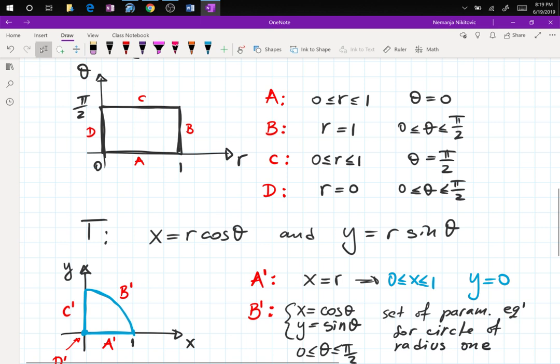Let's see if we can get a different transformation. We'll pick something from homework with the U and V and stuff. So here it is. Transformations, okay.